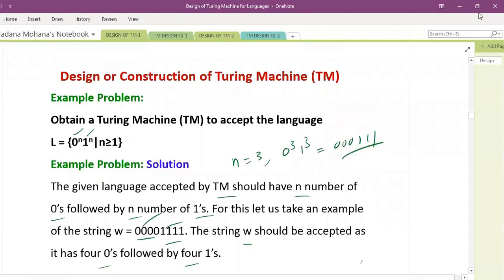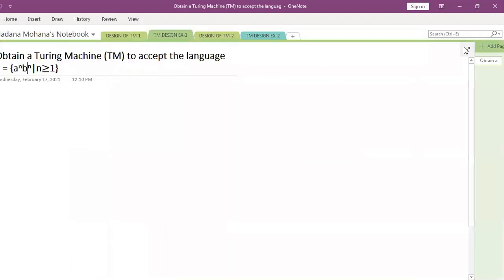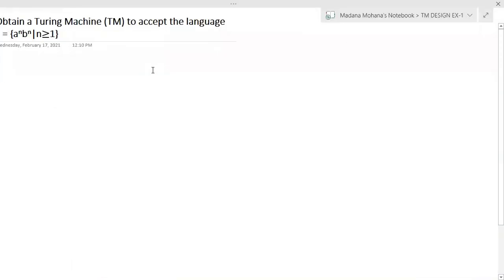Now I will explain how to solve this problem live. Here we don't have any systematic procedure. Based on the strings of the language, the logic is designed.